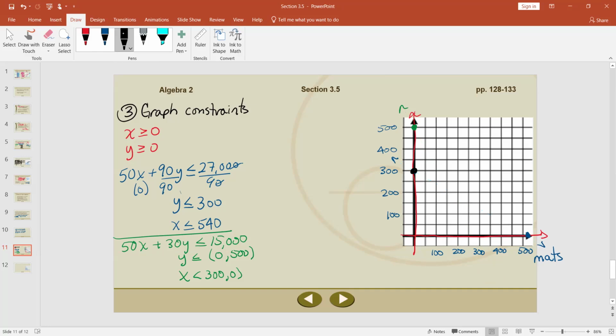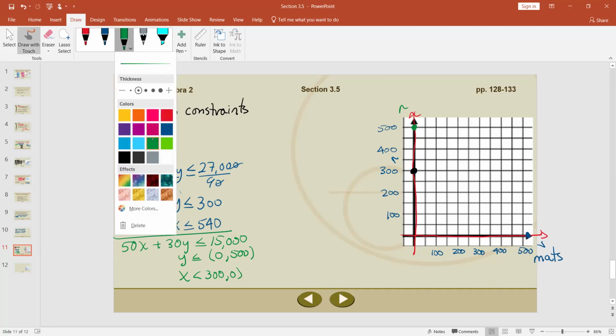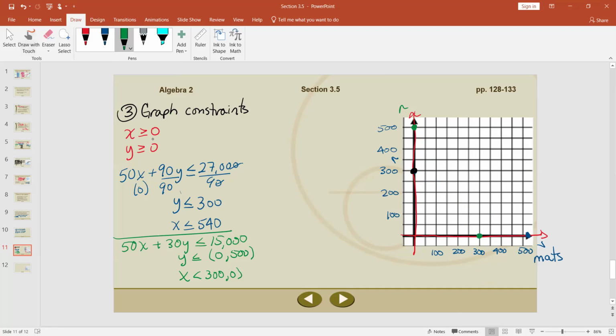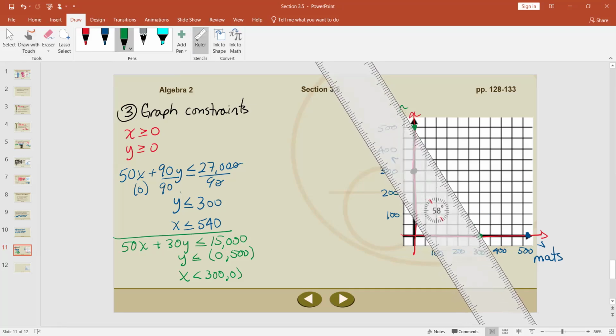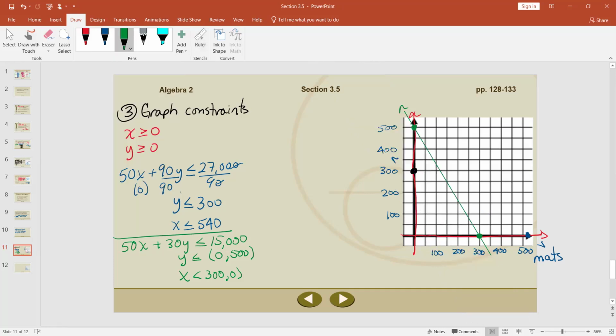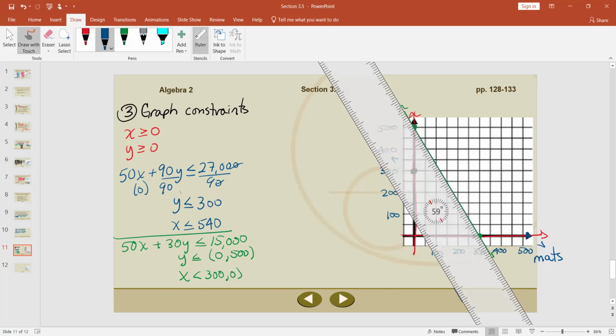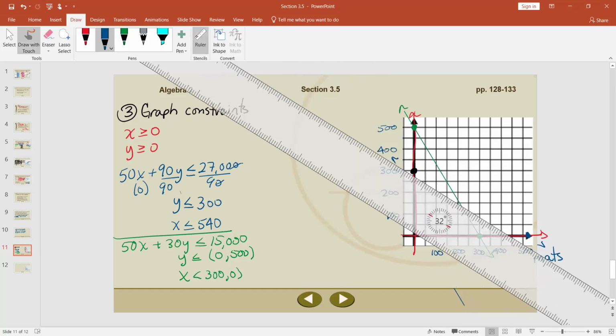That 300, the green one, should have been on the line right there. Okay, so that's close. There's that one, and then there's this one.